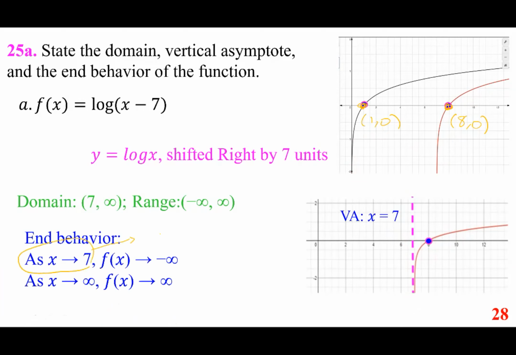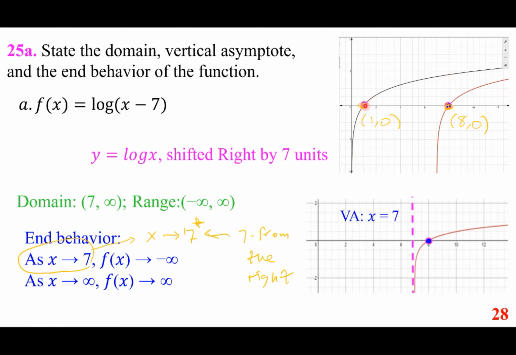You really have to say as x approaches 7 from the right, this plus sign you put, that means 7 from the right. You'll see that in calculus courses. But again, if you look at the basic log, both of them go to infinity as x goes to infinity.